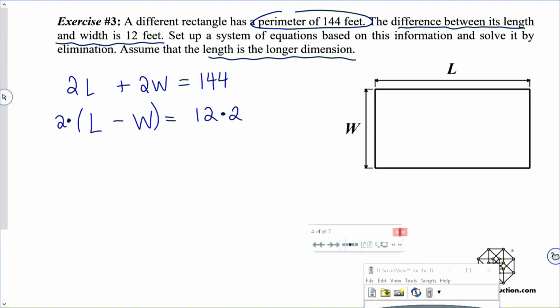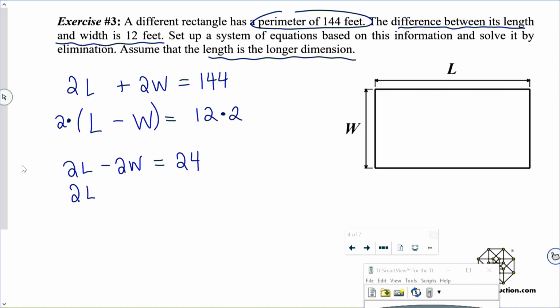That gives me 2L minus 2W is equal to 24. I'm now going to write down the first equation again, 2L plus 2W equals 144.